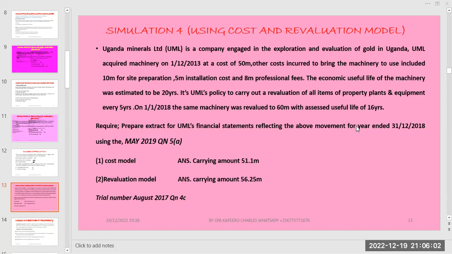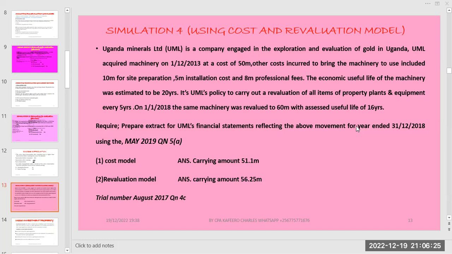These are the ones at subsequent measurement or at the reporting date. Which figure are you going to take to the financials when using the cost model, and which figure when using the revaluation model? That's basically what we are going to be looking at.